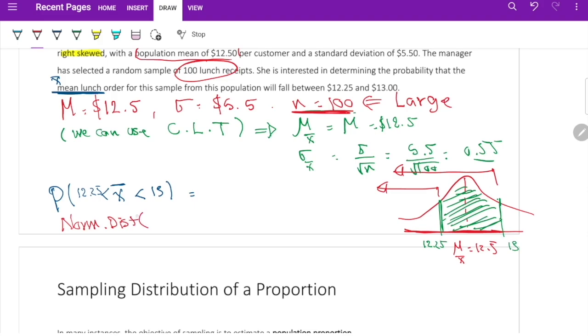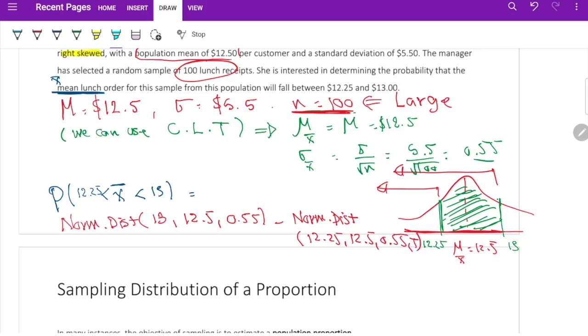So it's going to be norm.dist. The area on the left-hand side of the 13 is going to be 13, comma, the mu X bar, which is 12.5, comma, the standard deviation of the sampling distribution, which is 0.55, minus the area on the left-hand side of the 12.25: norm.dist of 12.25, comma, 12.5, comma, 0.55, comma, true.